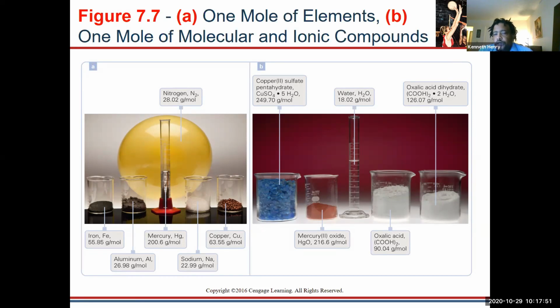Okay. So if we have iron, and iron weighs 55.85 grams per mole, in that cup, how many atoms of iron are there?